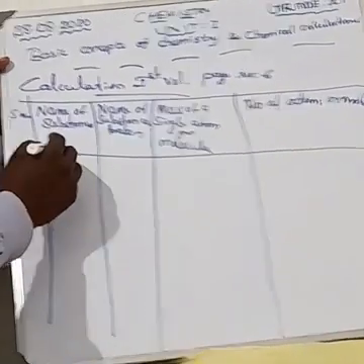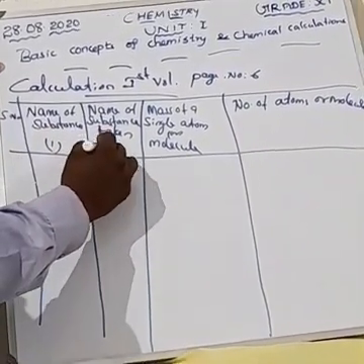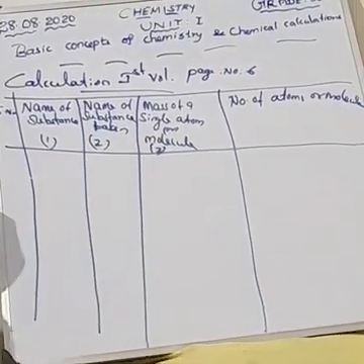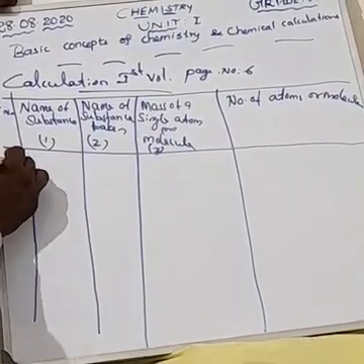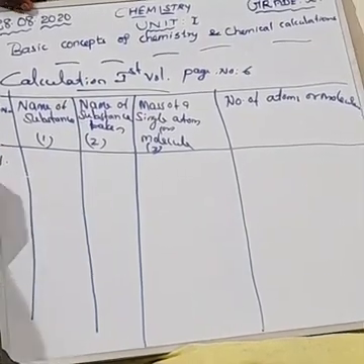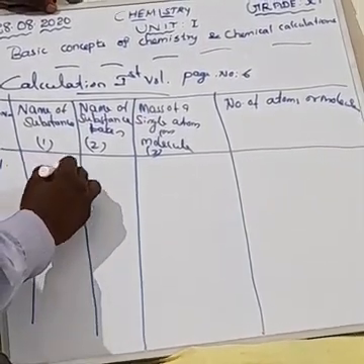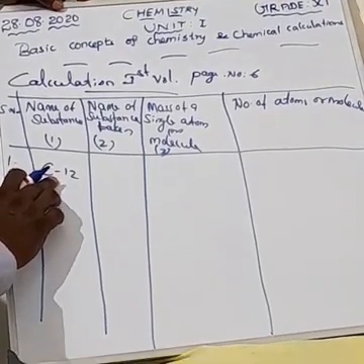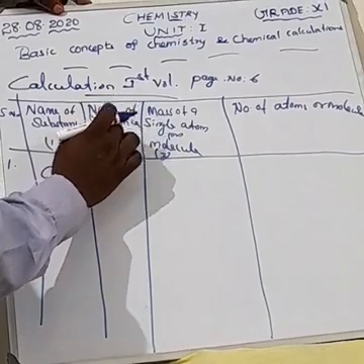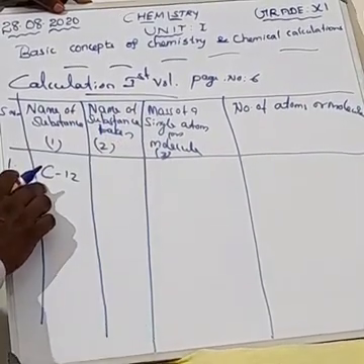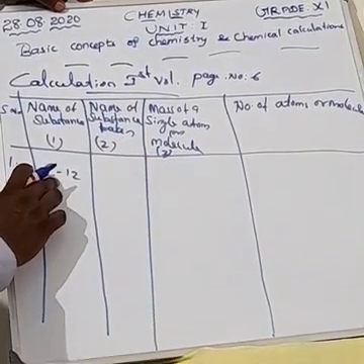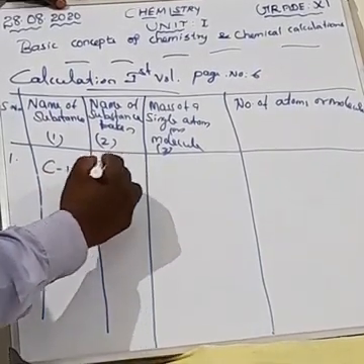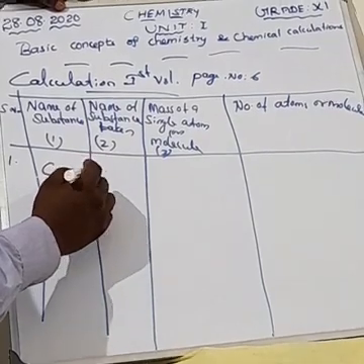First of all, here number 1, number 2, number 3. These are the numbers we are giving. Here, serial number 1, we are taking carbon 12. All of you know that one. Name of the substance taken, that is carbon 12. Their mass: carbon 12, how much? Mass number of carbon, 12.